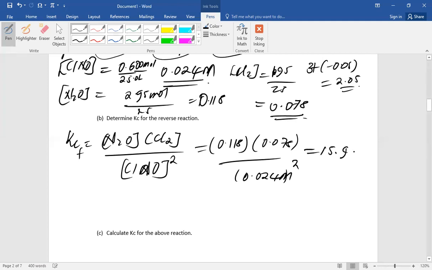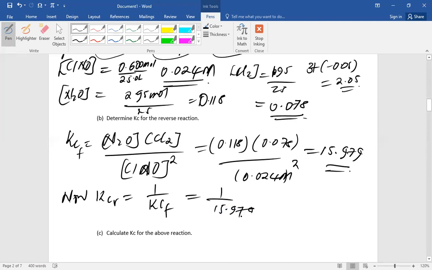So this gives us 9. So for the reversible reaction, it is 1 over that number, 1 divided by it.